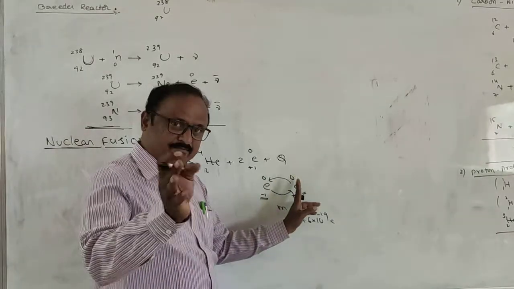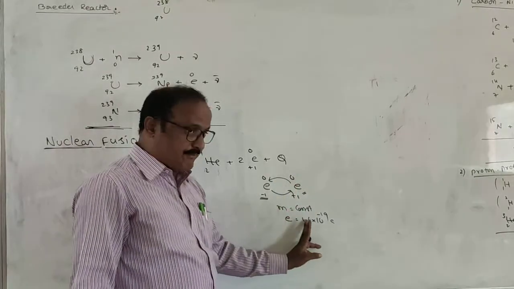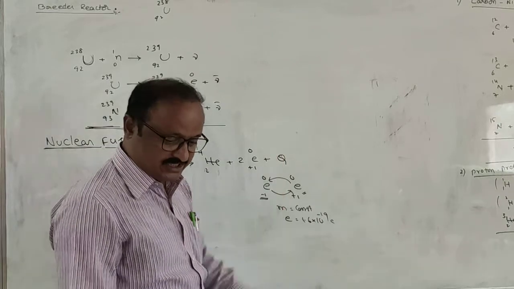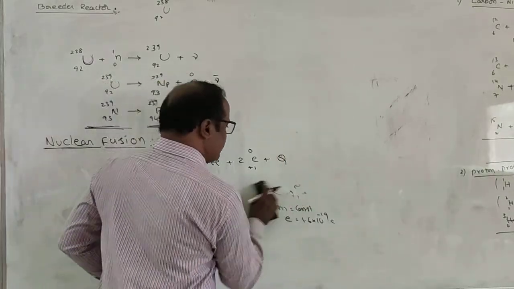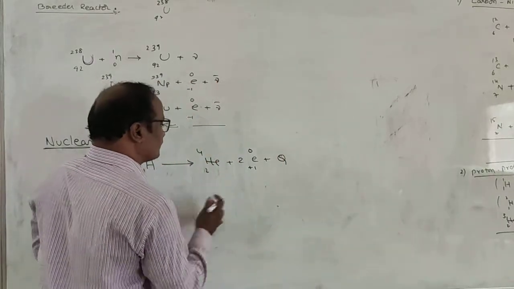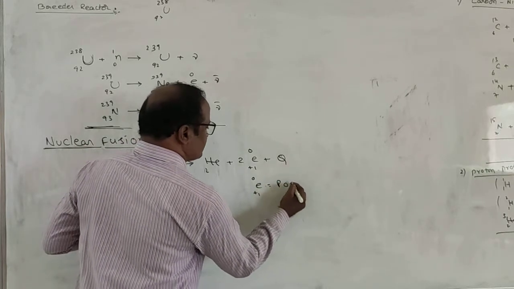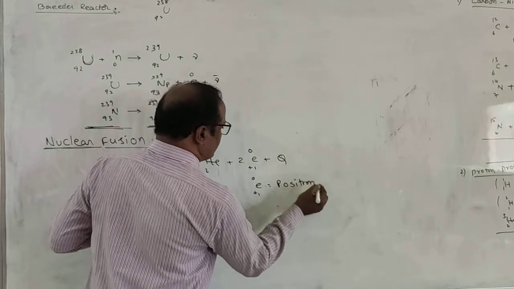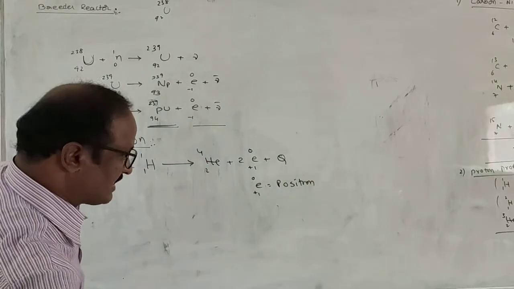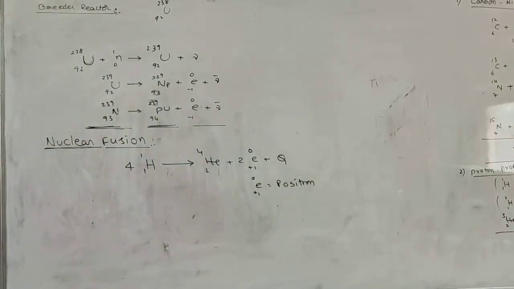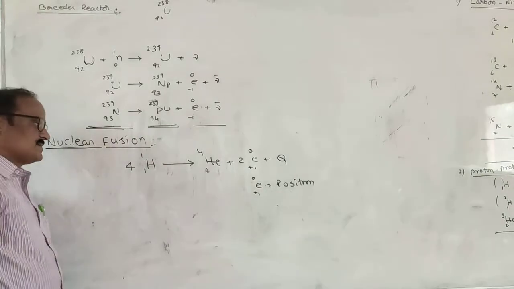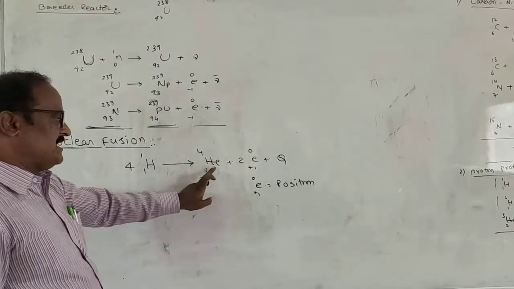Both have the same mass. Charge magnitude is the same, but one is negative, the second one is positive. So here e plus 1, 0 is called the positron. It is nothing but the antiparticle of the electron. Remember this point. 4 protons are combined to form a helium nucleus.